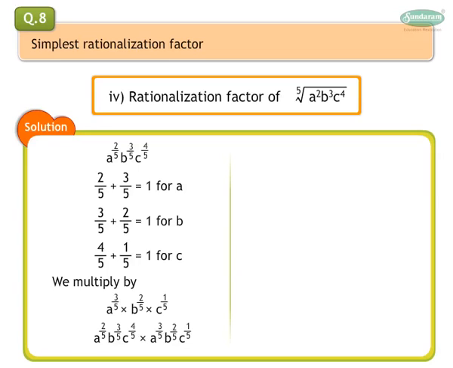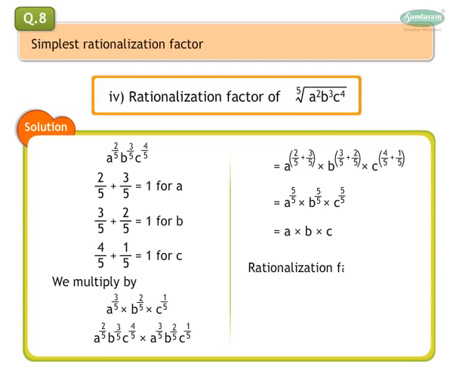We get a into b into c, so we have used the law of indices. a raised to 2 upon 5 plus 3 upon 5 multiplied by b raised to 3 upon 5 plus 2 upon 5 multiplied by c raised to 4 upon 5 plus 1 upon 5 is equal to a raised to 5 upon 5 multiplied by b raised to 5 upon 5 multiplied by c raised to 5 upon 5 is equal to a multiplied by b multiplied by c.